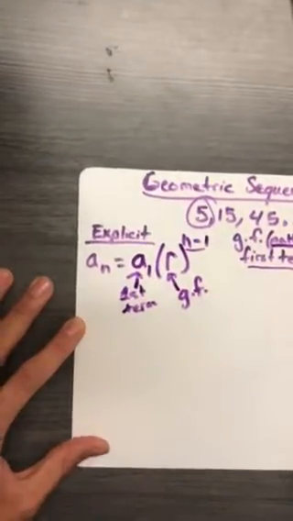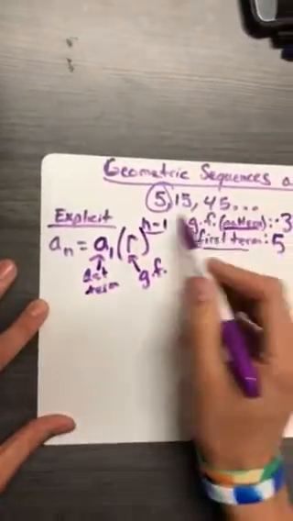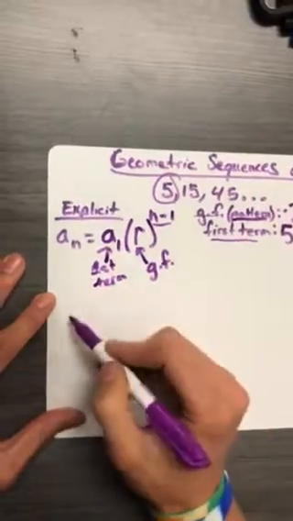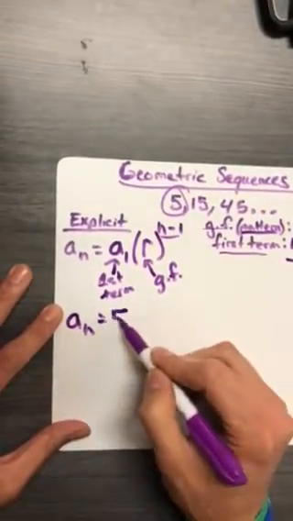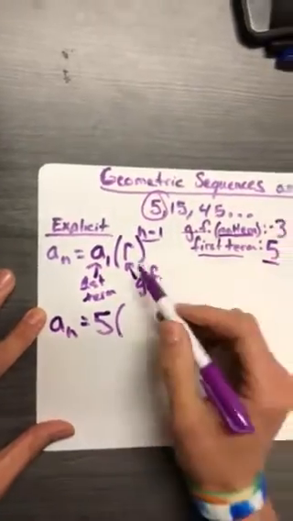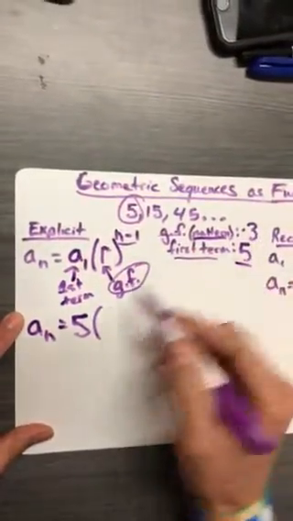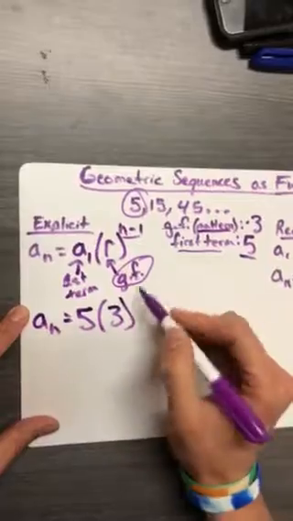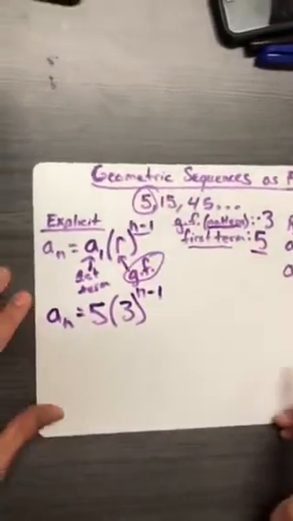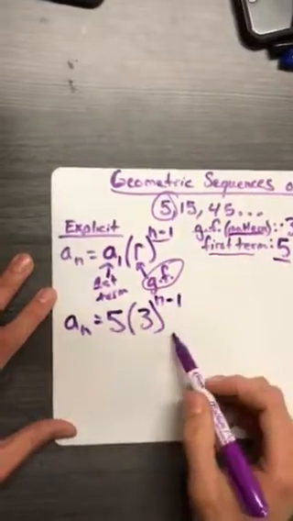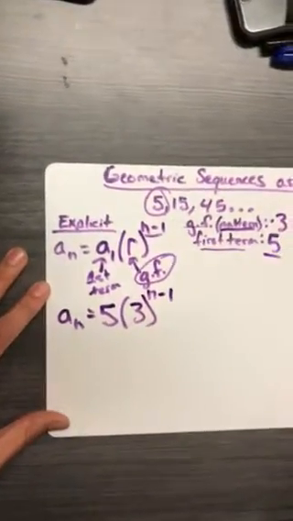So if we wanted to write a function for this sequence, it would be a sub n equals our first term, which is 5, and then in the parentheses we put our pattern, which was multiply by 3. And then in the exponent, I write n minus 1. Now you can use this to predict any term in your sequence.